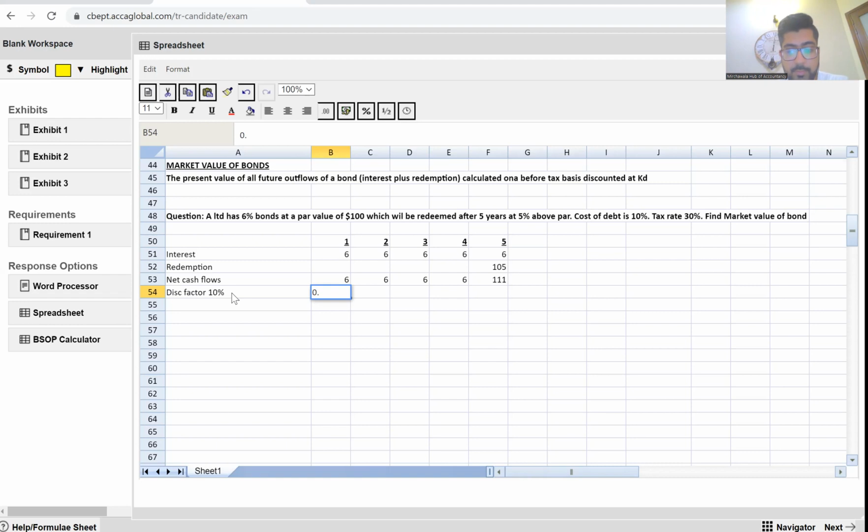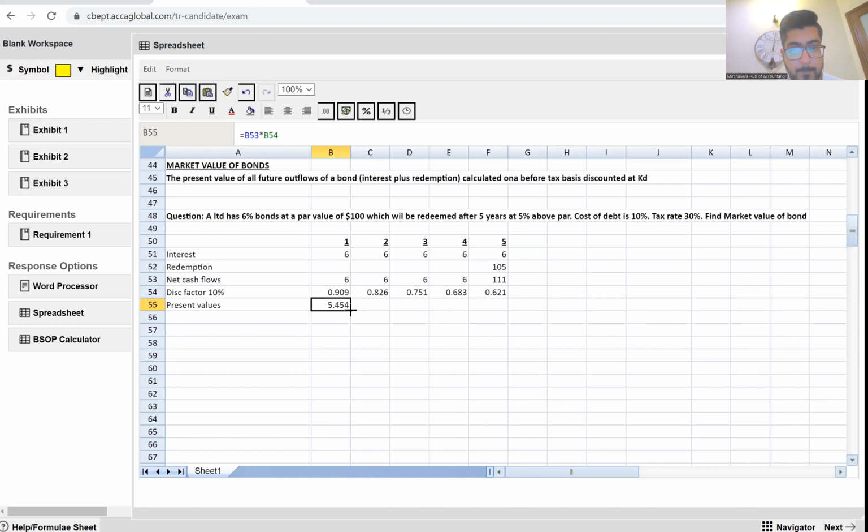You took it from the table: 0.909, 0.826, 0.751, 0.683, 0.621. You get present values. So 6 is B53, B54.